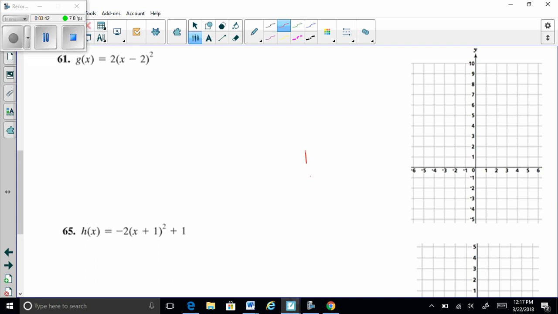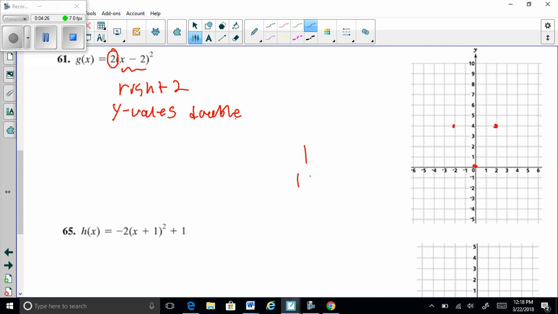So on 61, once again, I'm going to go to the right 2. And then this time the transformation is a stretching and shrinking, which is going to cause the graph to shrink a little bit horizontally, or I guess you could look at it as stretching vertically. But anyways, what's going to happen is the y values are going to double. So once again, we'll plot our original points.